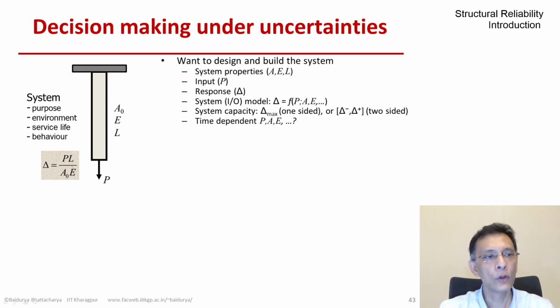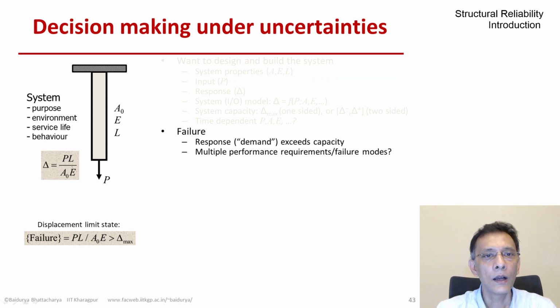Now, some or all of these quantities could be time dependent in nature, and because we know what the response is and what the acceptable response is, we have a good idea about what constitutes failure.